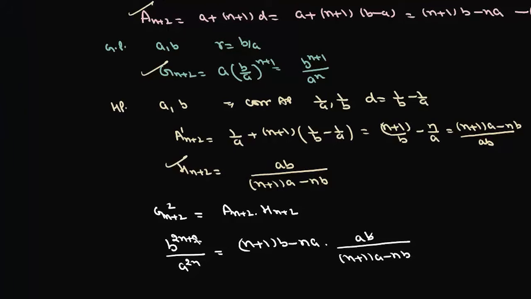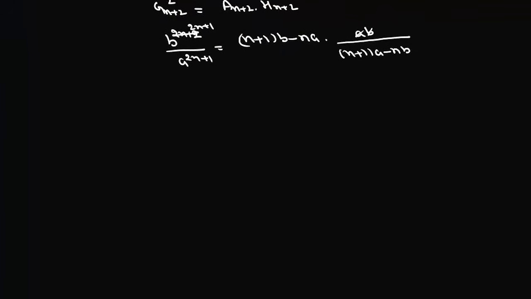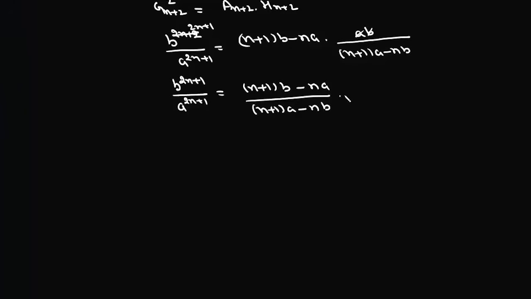Now this b will cancel once, so it will be 2n plus 1, and we'll take this a also, so it will be 2n plus 1, so we can write b to the power 2n plus 1 upon a to the power 2n plus 1 is equal to ((n plus 1)b minus na) upon ((n plus 1)a minus n into b).